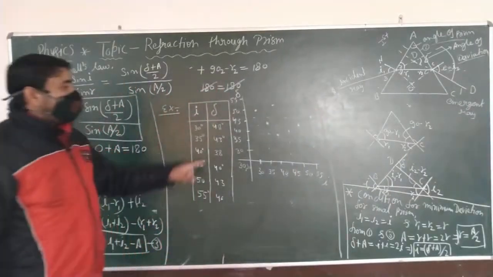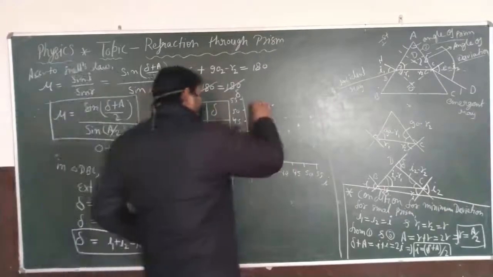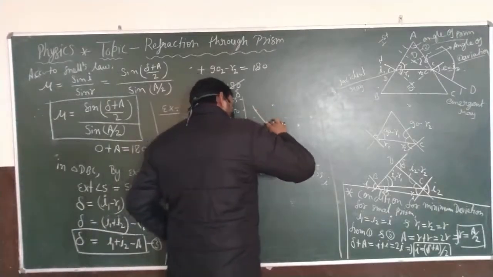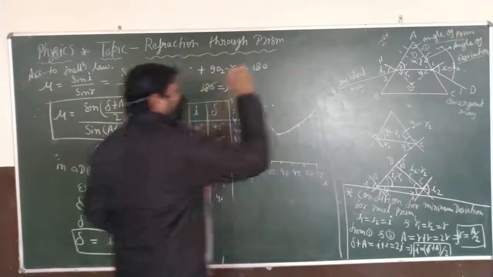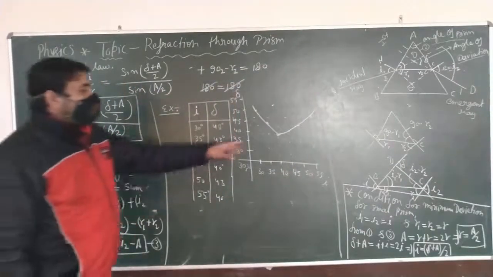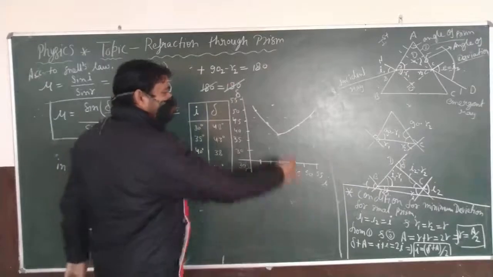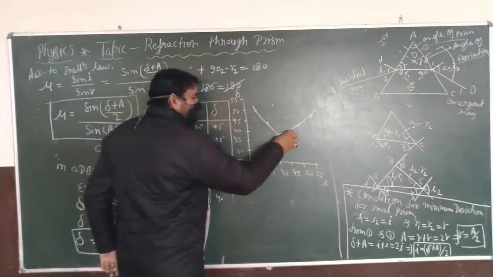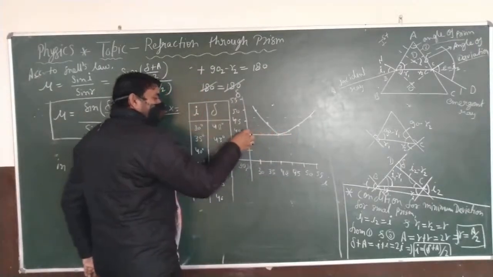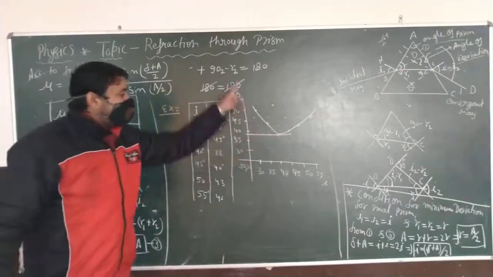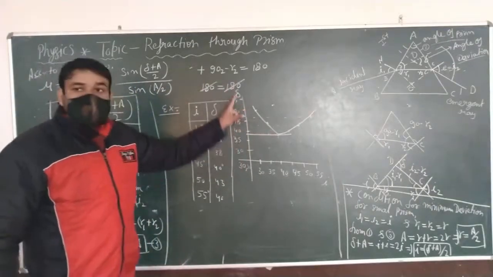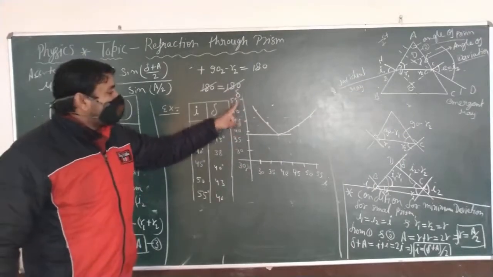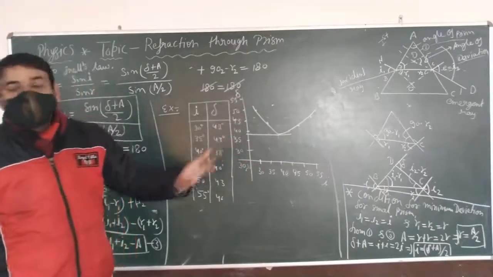Okay, when we join all these points, we get a curve like this. When we draw a tangent on this curve, parallel to the incidence axis, there we calculate the value of minimum deviation.